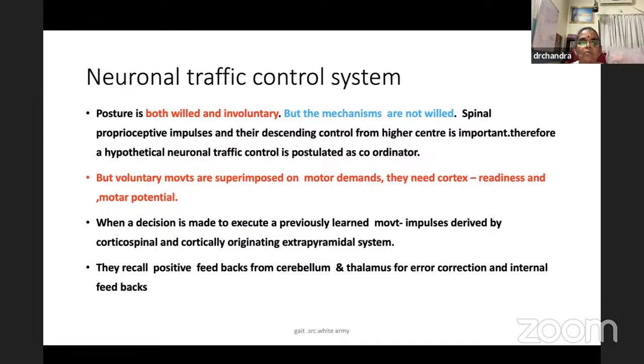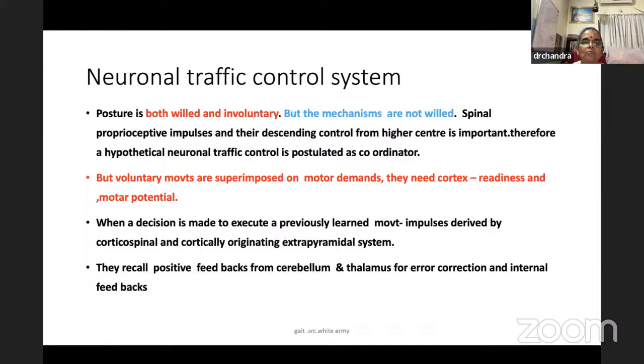Spinal proprioceptive impulses and their descending control from the higher center is important. And it is this group that we saw: the cortex, cerebellum, basal ganglia, the brainstem network, the pattern generators, locomotor centers, which come up to the intrafusal fiber. This whole network is called the neuronal traffic control system.